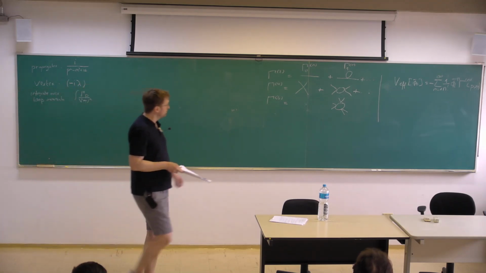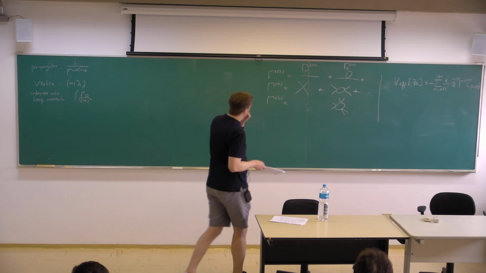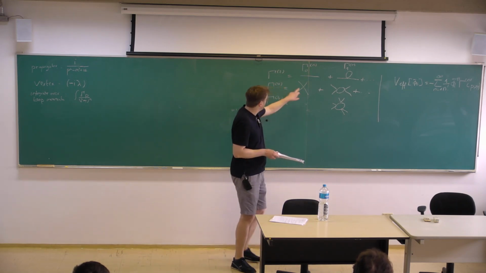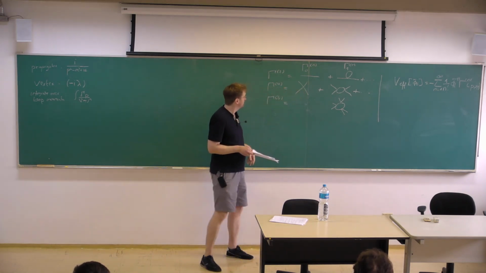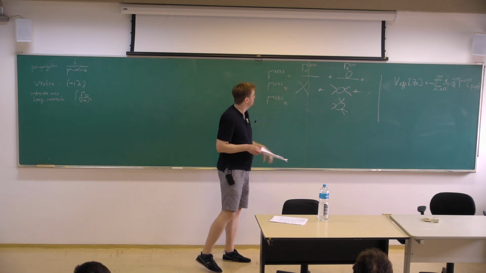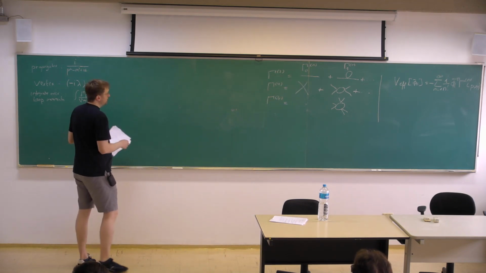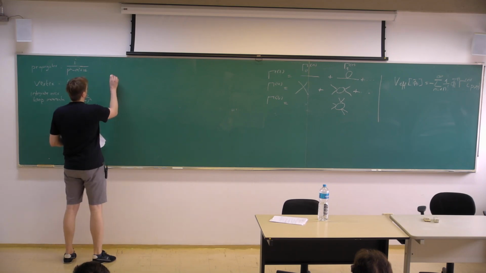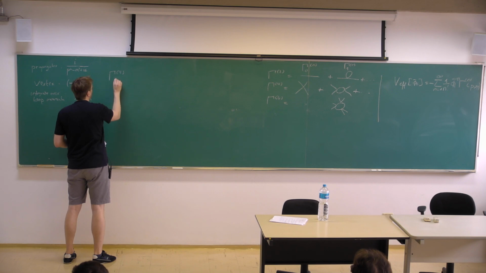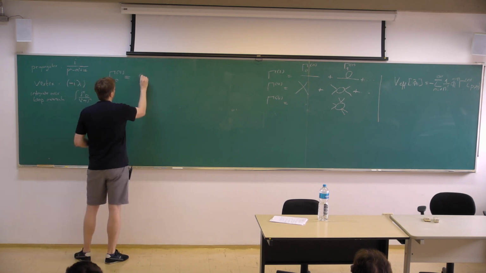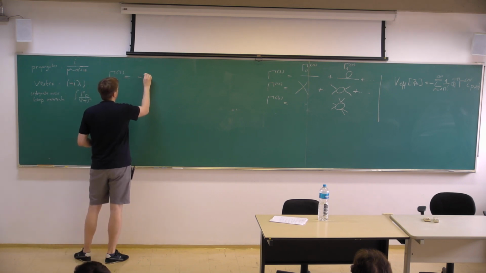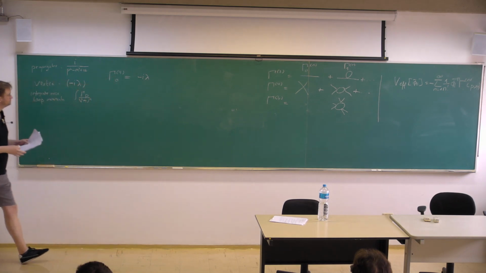Okay, so this here is the simplest. It's just a vertex. So let's start with this one. So gamma 4, 0, just minus i lambda.